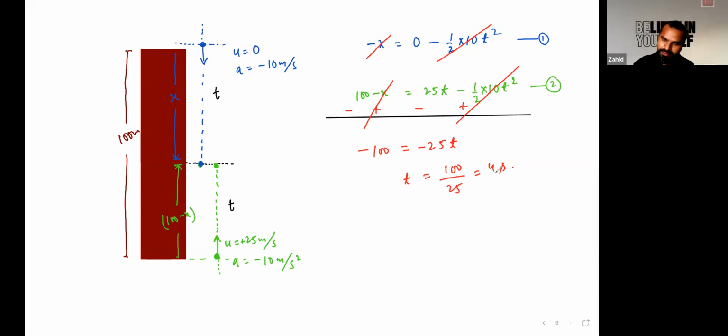Just put the value of this t in either of the two equations to obtain the position, or the height at which the two balls would meet or cross each other. Your answer is correct, Khalid. Okay, sir.